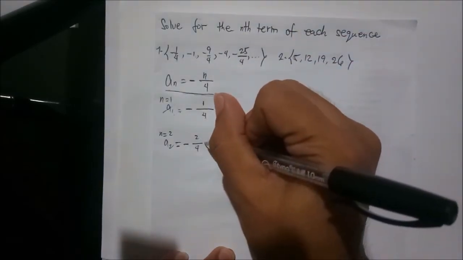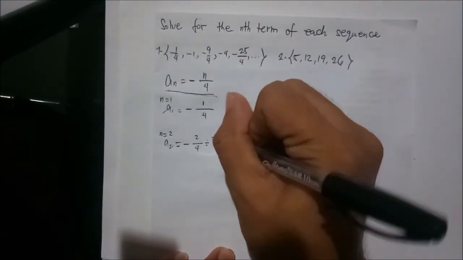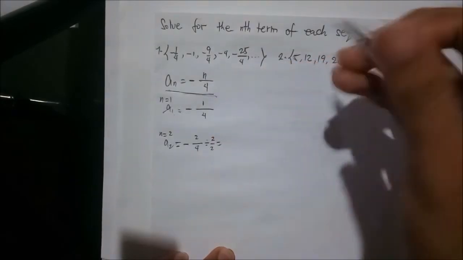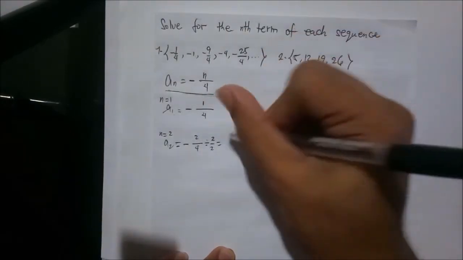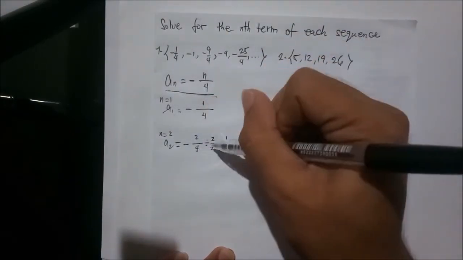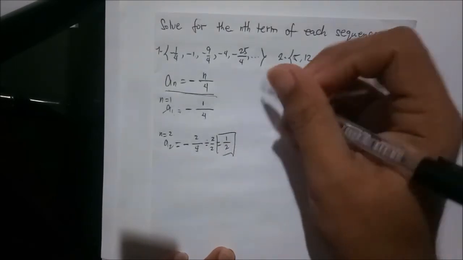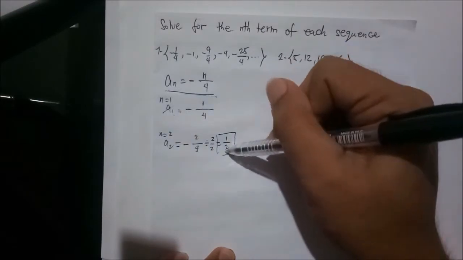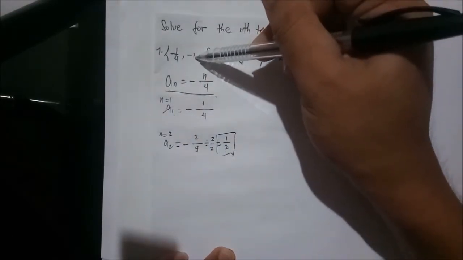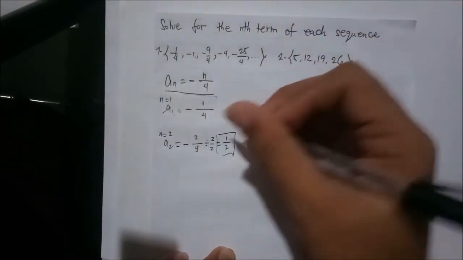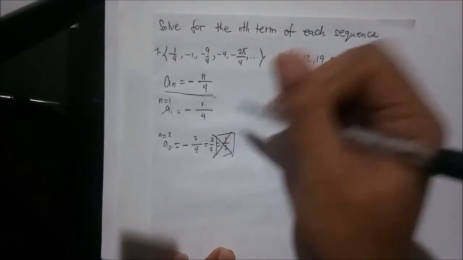Let's simplify by dividing by 2: 2 divided by 2 is 1, 4 divided by 2 is 2. So your a sub 2 is 1/2, but the given here is negative 1. So it is wrong.